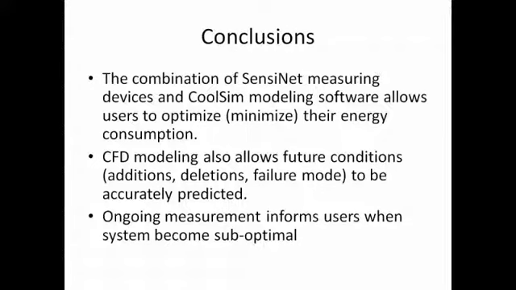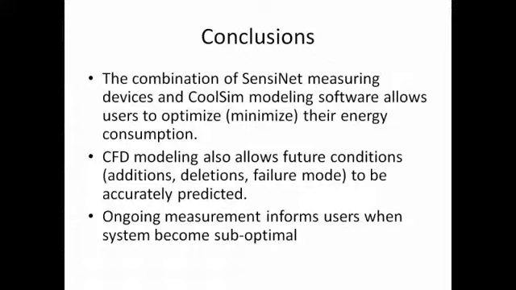Using the SensorNet measuring devices allows you to understand what the current state is and allows you to validate a model so that you can drive to an optimal state that you may not know where that is yet. And then it allows you also to understand, once the model's built, conditions such as failure, adding load, predicting what happens under certain conditions.